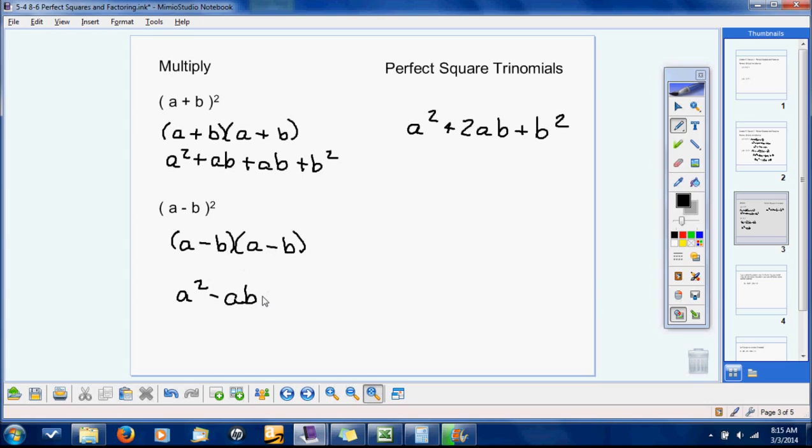Negative b times a is minus ab once again. And the ending part, because it's negative times negative, is once again a positive. The only difference in these two templates is that when you have a minus in your binomial, you get a minus in the middle term of your perfect square trinomial.